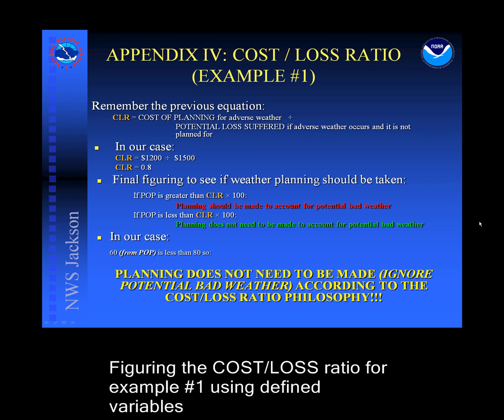If the POP is greater than the CLR times 100, planning should be made to account for potential bad weather. If POP is less than CLR times 100, planning does not need to be made to account for potential bad weather. So in our case, 60 from the POP is less than 80. So the cost-loss ratio philosophy tells us that planning does not need to be made, so ignore potential bad weather according to the cost-loss ratio philosophy.